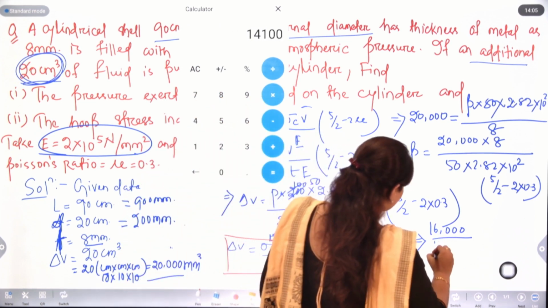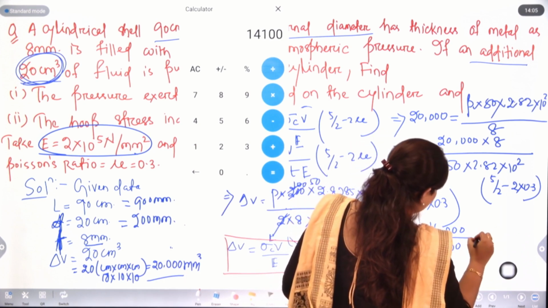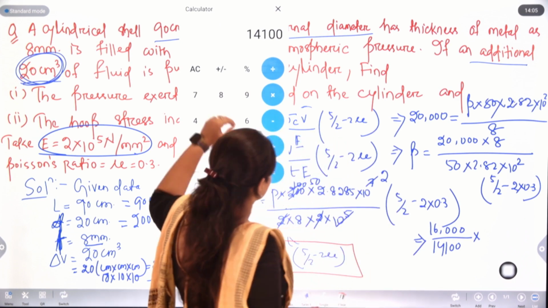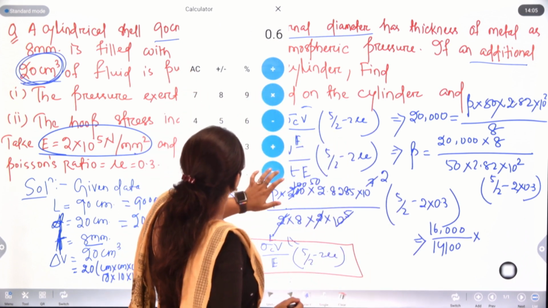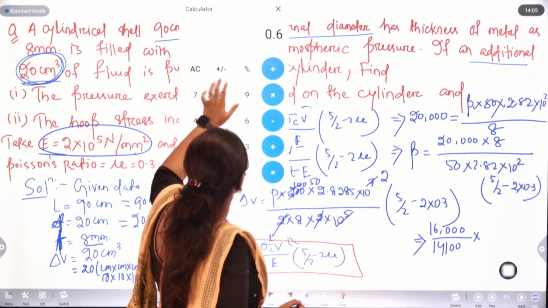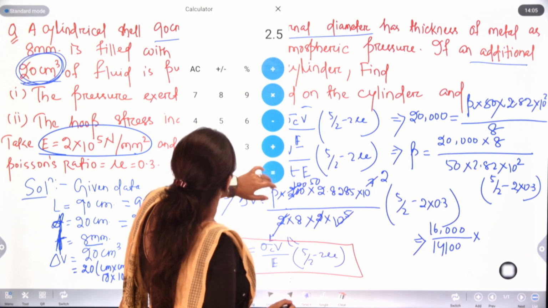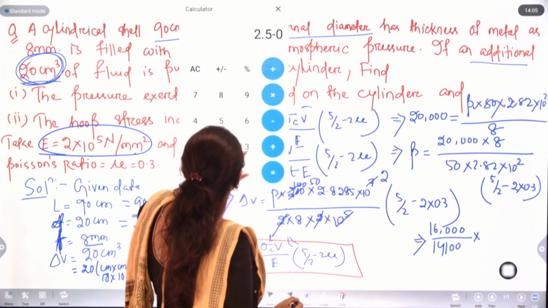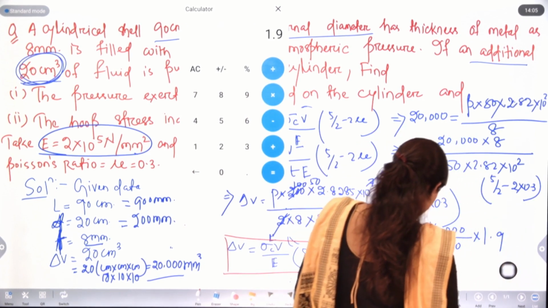So 14100 into 2 into 0.3, that is 0.6. 2 minus 0.6, that will be 1.9.